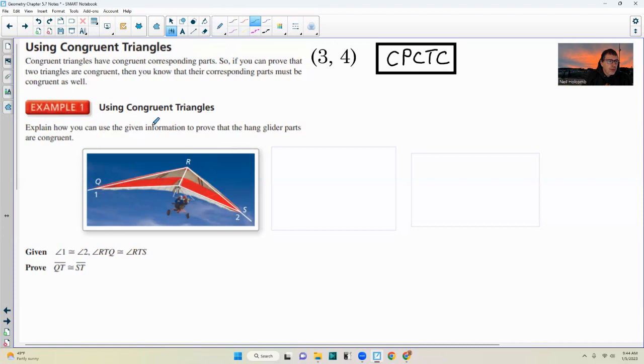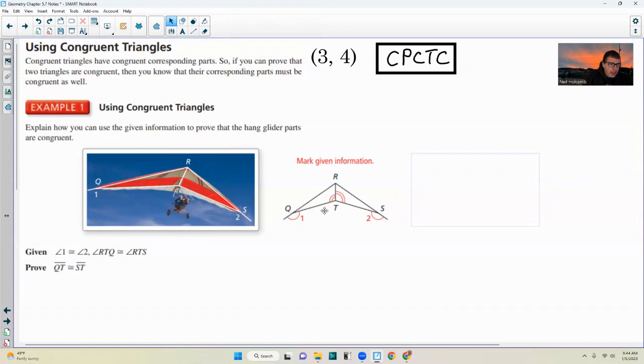Explain how you can use the given information to prove that the hang glider parts are congruent. So we're given angle 1 is congruent to angle 2. The first thing I'm going to do is redraw this diagram as just triangles. Notice that the side QR extends beyond because we're going to use that external angle.